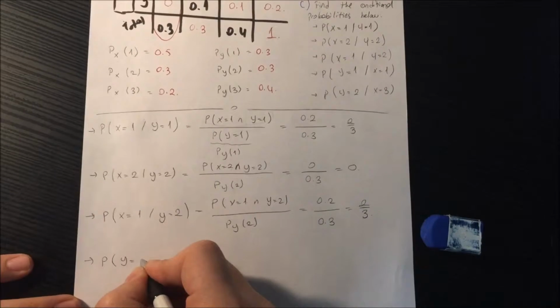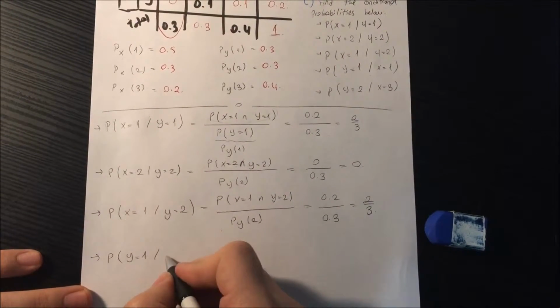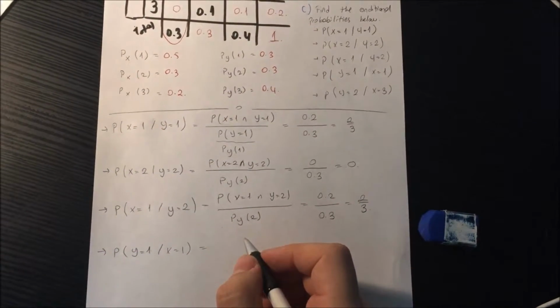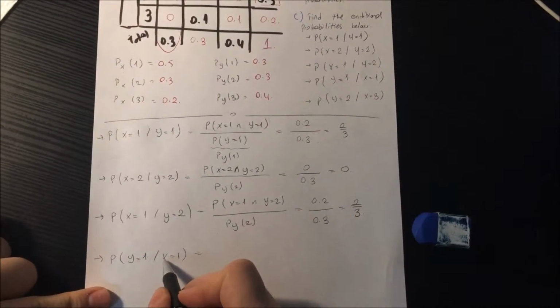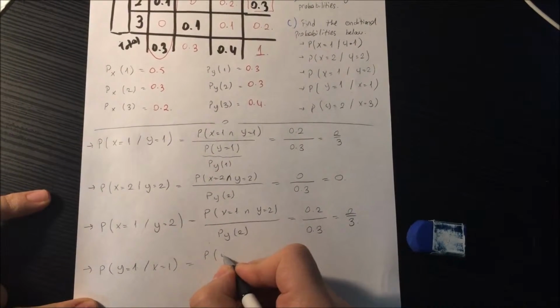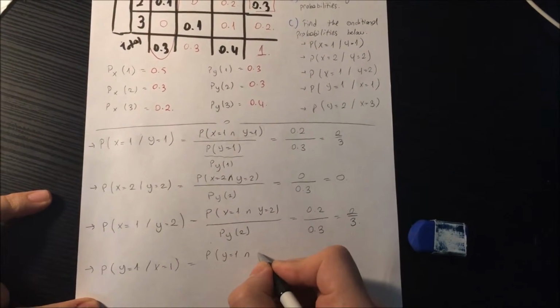And the fourth one is P y equals 1 given x equals 1. So this time x is given, so I'm going to change the order.